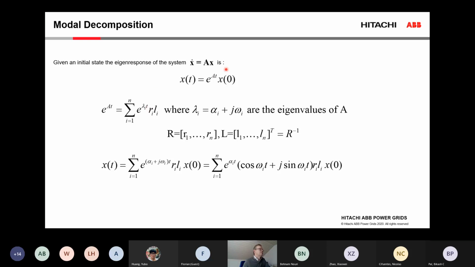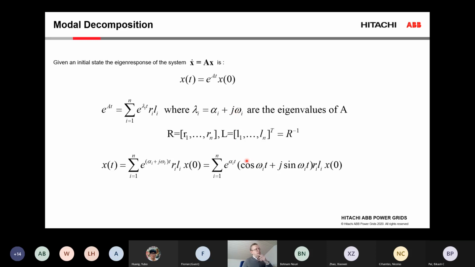So we can rewrite this time response, given the initial state, using the equation at the bottom. Finally, we can expand it into terms of different forms, where you have an exponential part where the eigenvalues appear as the exponent. Alpha I is the real part of the eigenvalue, and we have sinusoidal cosine and sine terms with a frequency that is identical to the imaginary part of the eigenvalues.